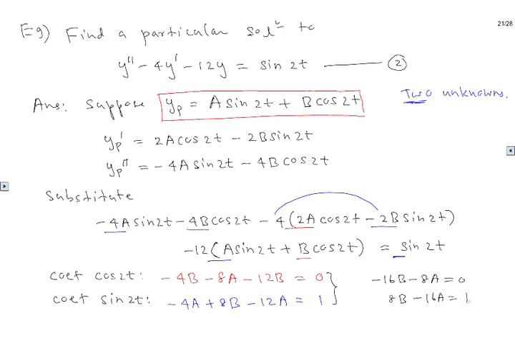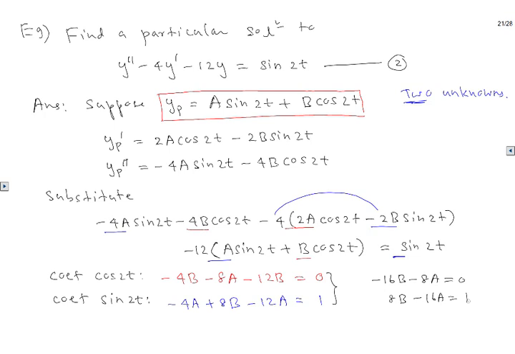So what you can do is just try to isolate one term. What we can do probably is multiply the bottom one by 2, or you can actually divide the top one by 2 first, because once you divide the top one by 2, it becomes negative 8b minus 4a, and then you can add the 2 and you can solve.